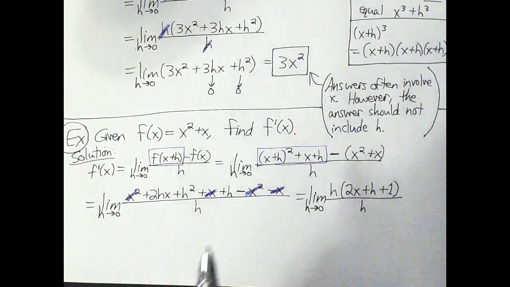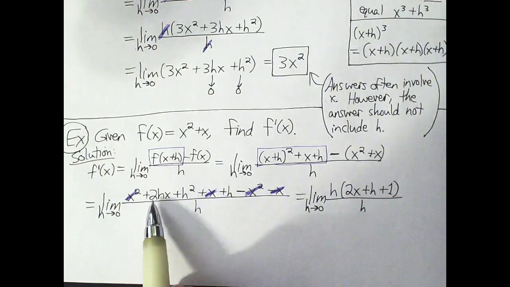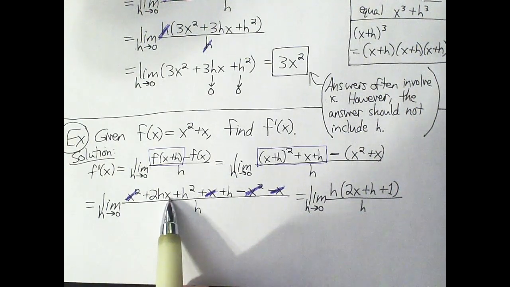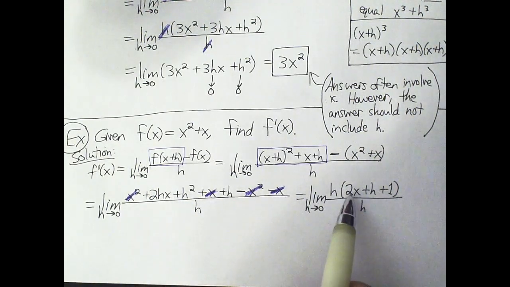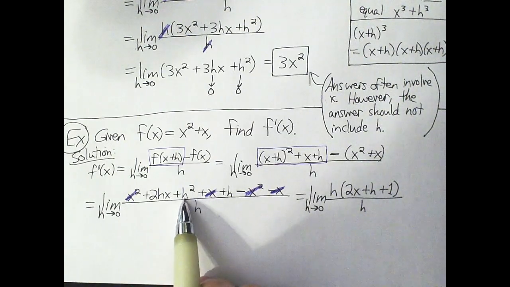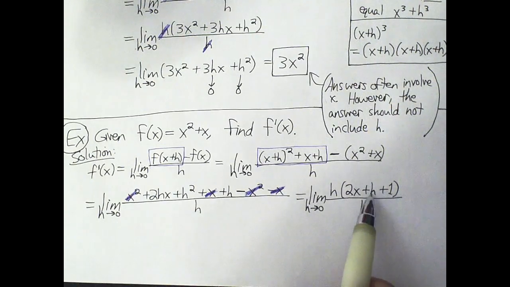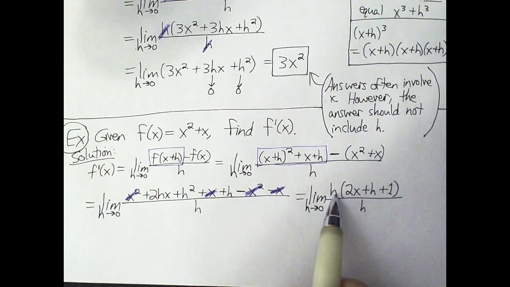Before we go any further, let's double check this step that I just did. We had a 2hx, and I wanted to pull h out. That's where I got 2x. We had an h squared, and I wanted to pull out h. So that's why I have an h on the inside here, and an h on the outside.